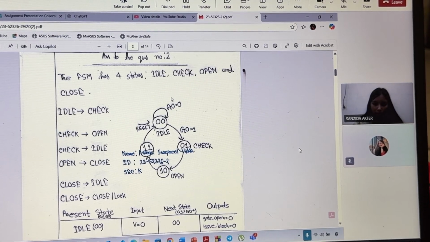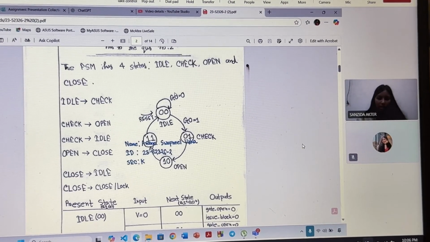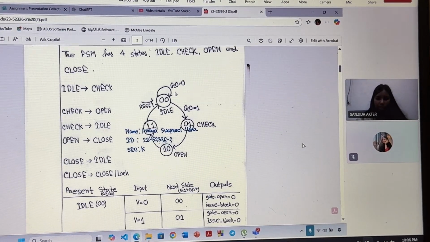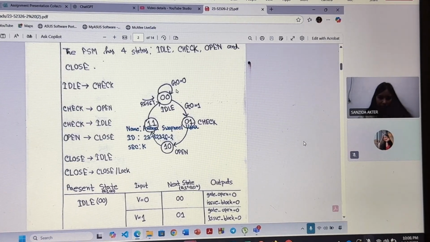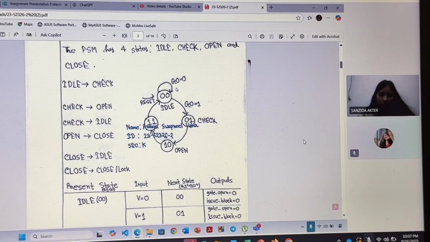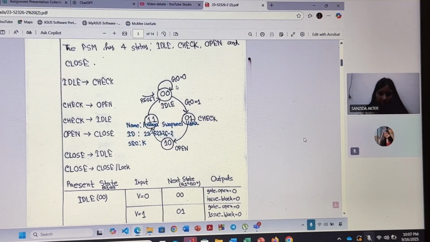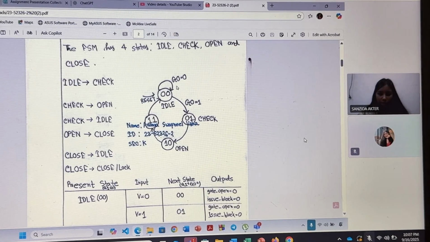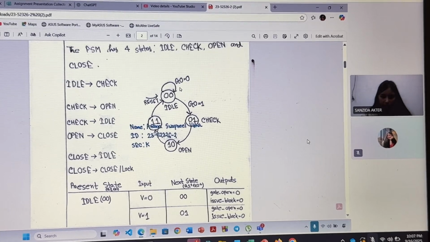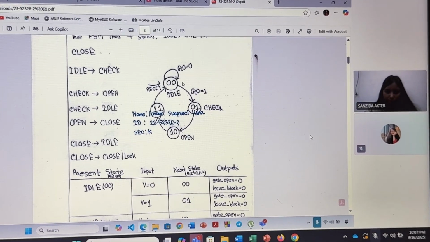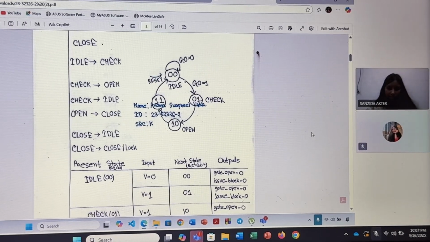The flow is: when idle, if a ticket is scanned, the FSM goes to check. If the ticket is valid and the passenger limit is not exceeded, the FSM moves to open, so the gate rises. If the limit is reached, it goes back to idle. Once the passenger has passed, the FSM goes to close and then returns to idle, ready for the next entry.